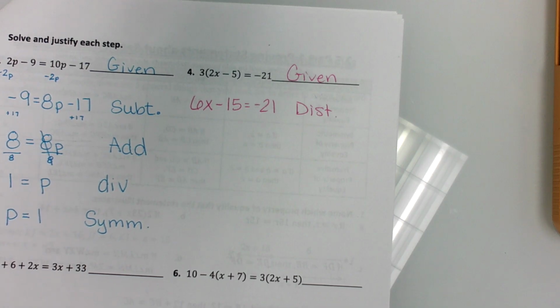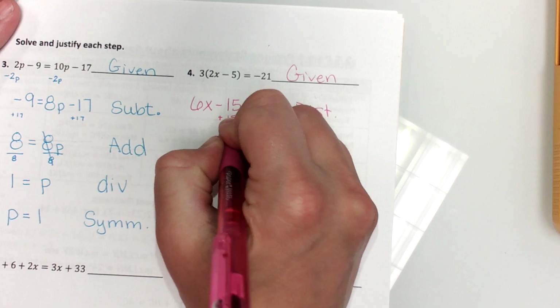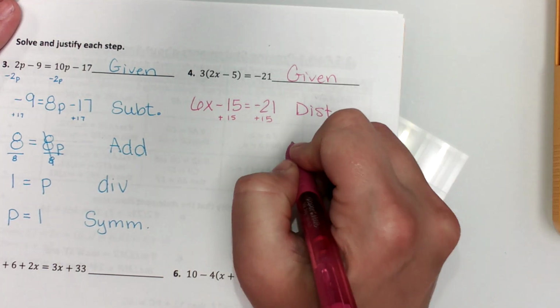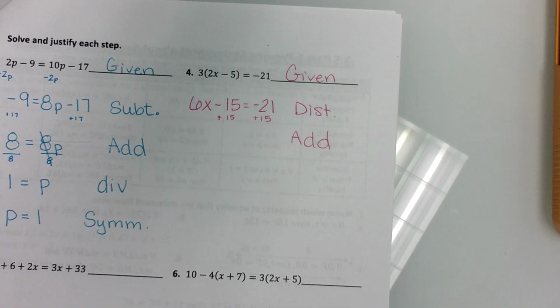Lexi, what comes next? Plus 15. Plus is add. Jace, when I add the 15 to both sides, what do I get? 6 equals negative 6.